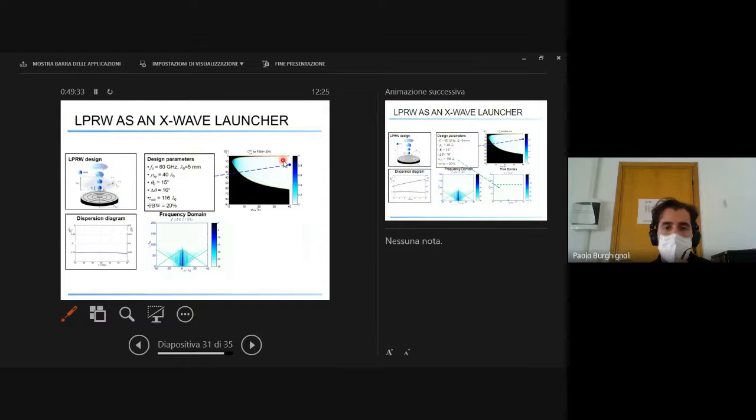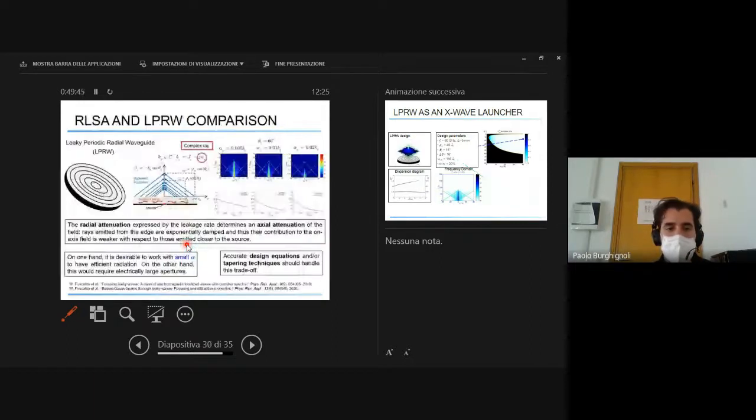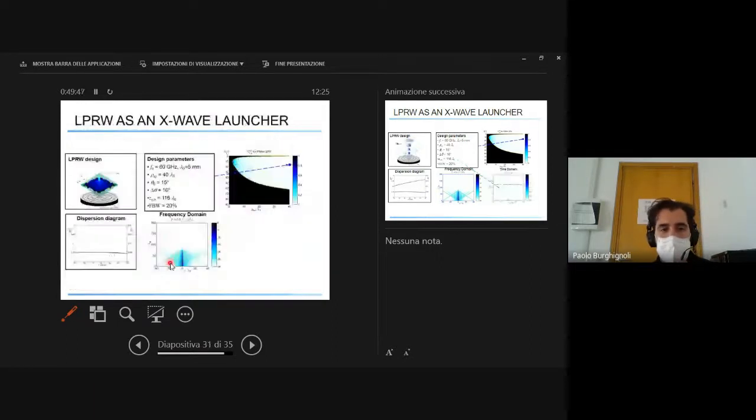And indeed, if we look along the frequency domain, we can see that as the frequency is changing, you have different properties generated along the frequency, and since the beam is changing its shape a little bit, we can expect that we will have some dispersion in the generation of the X wave.